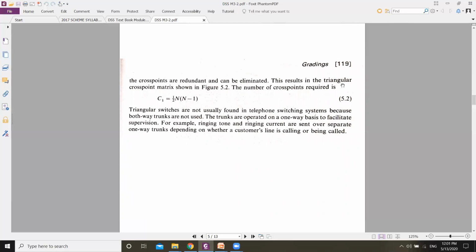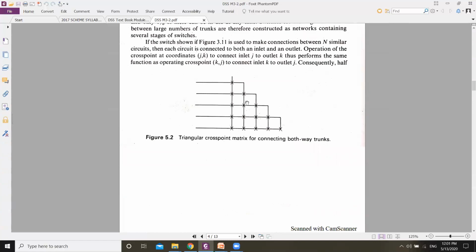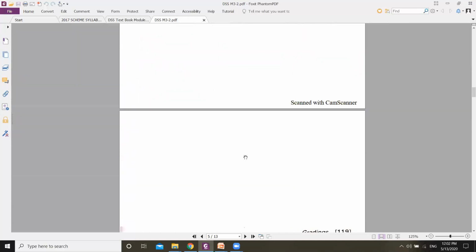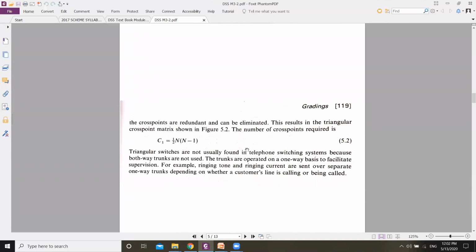This results in a triangular cross point matrix. If you eliminate the redundant switches, we get a special type of cross point connection called a triangular cross point matrix. This is economic, and its cost is less compared to the other system.